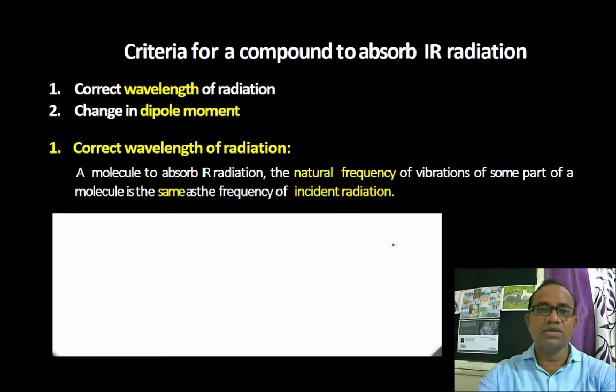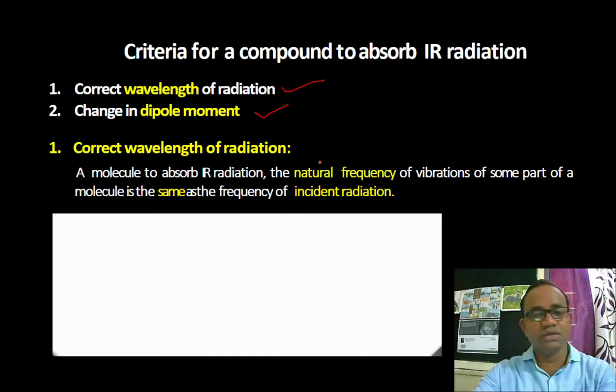Now the next is the criteria: how exactly can compounds absorb IR radiation? Not all compounds can absorb, but there is a certain criteria that makes a compound absorb infrared radiation. First is the wavelength of the radiation, second is the change in the dipole. What is the correct wavelength of radiation?